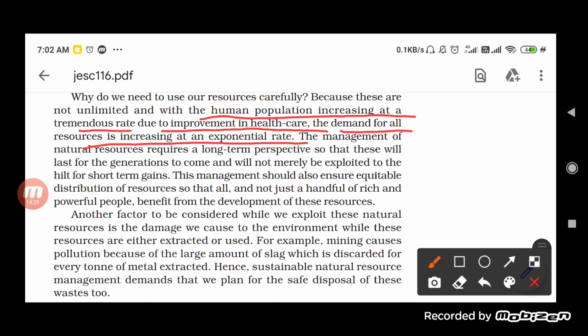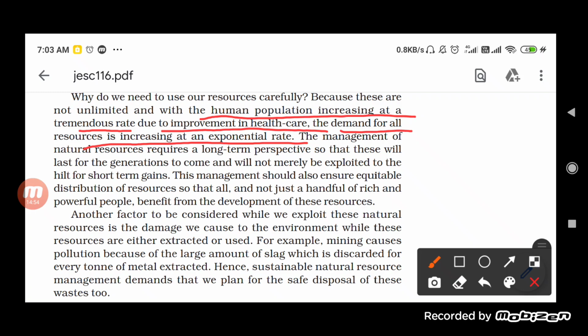With overpopulation, more people means more consumption of natural resources, so the demand for resources is also increasing day by day.